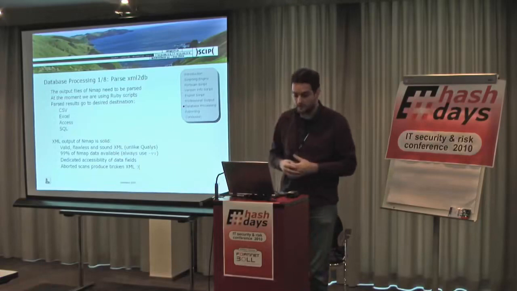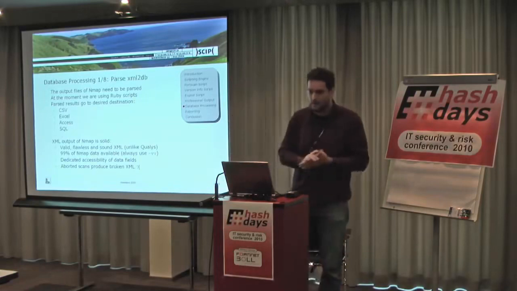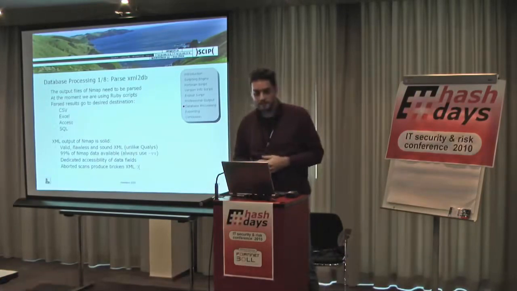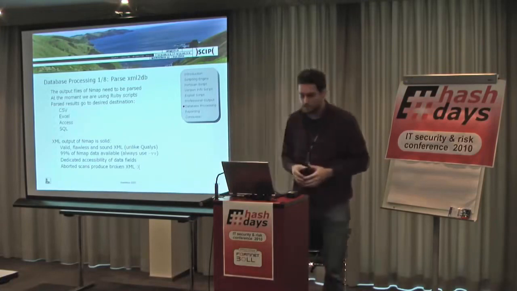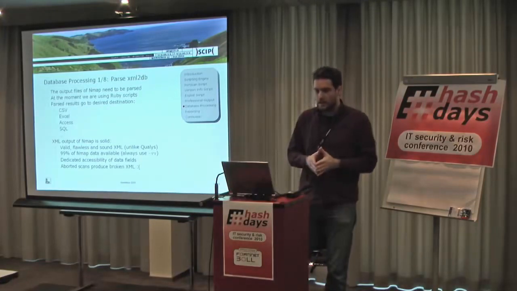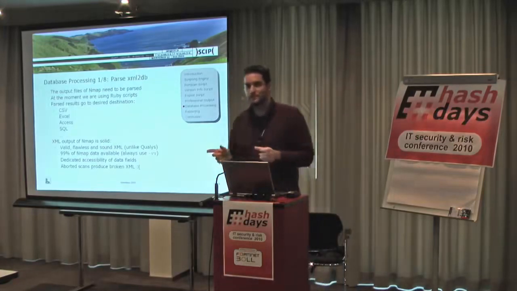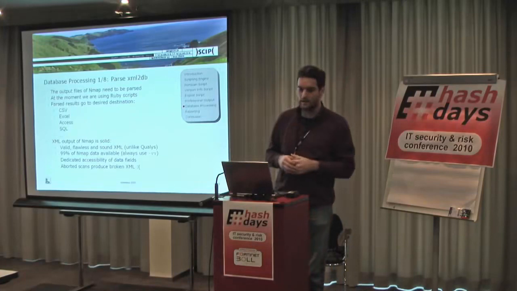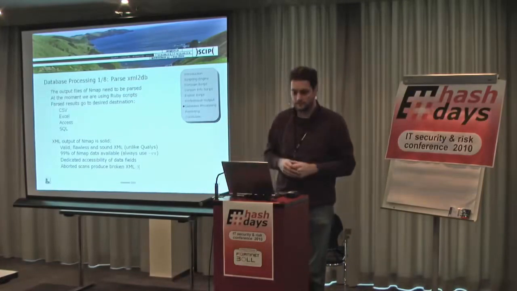It's usually valid and flawless, unlike the Qualys XML output we have made for a customer. 99% of all data is available in the XML output, and I suggest that you always use the verbose arguments because it adds more data to the output, and it preserves the dedicated accessibility to the different information. So within the parsing, we are still able to access the different data fields.